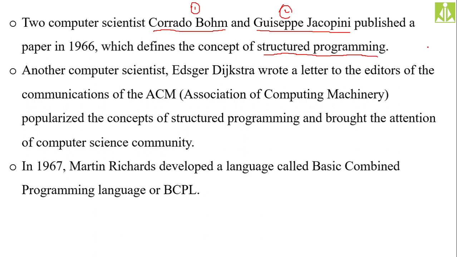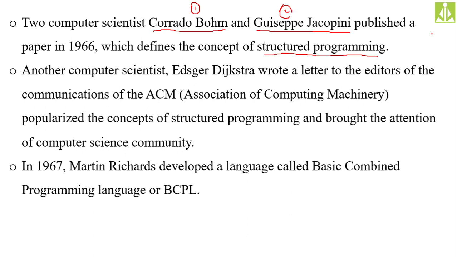Because of their effort, the concept got popularity. So the first reason C follows structured programming is that it was derived from Algol. The second reason is that these scientists gave popularity to the concept.